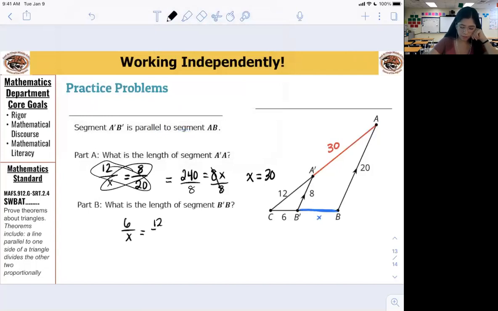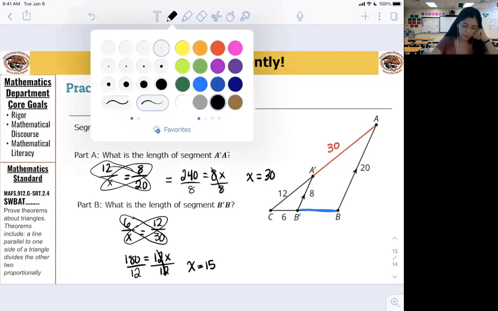Oops, 12 over 30. Okay, cool. Cross multiply, I get 6 times 30, 180. 180 divided by 12 is 15. So BB prime is 15.